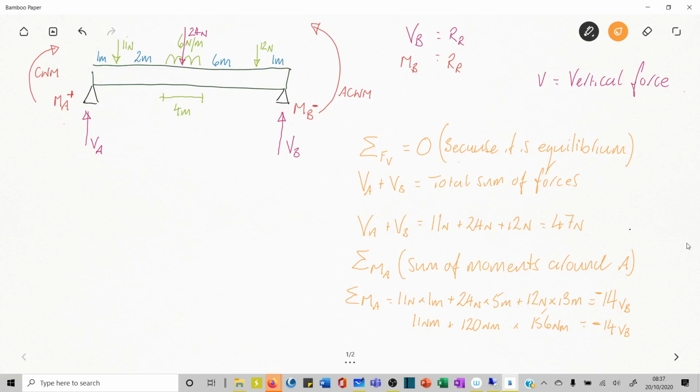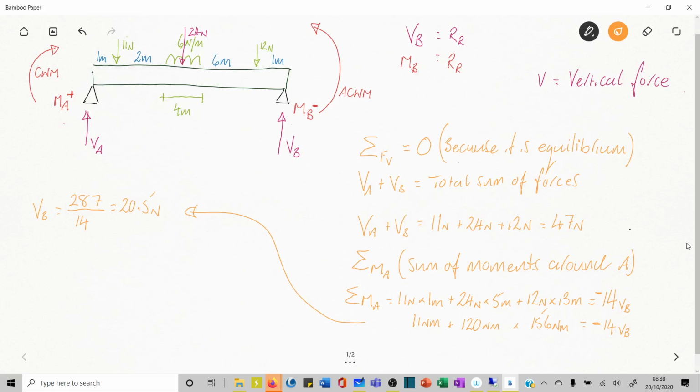And what this looks like then is, if we bring this over to here, VB equals 287 divided by the span, which equals 20.5 newtons. So that's VB, the right reaction, the anti-clockwise moments around B, or the vertical force B. That's what we've just worked out.